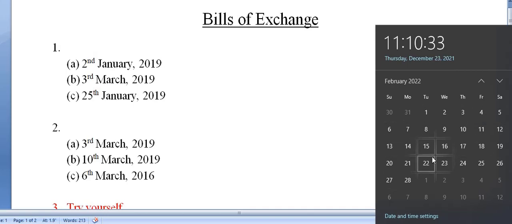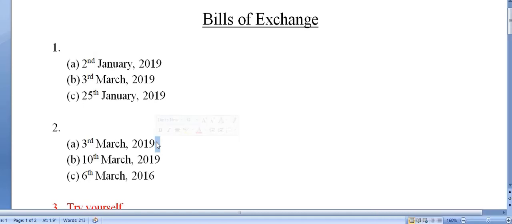Now February is over. You need to add 3 days of grace period, so 1, 2, and 3. So 3rd March will be your maturity date. This is how you will calculate.